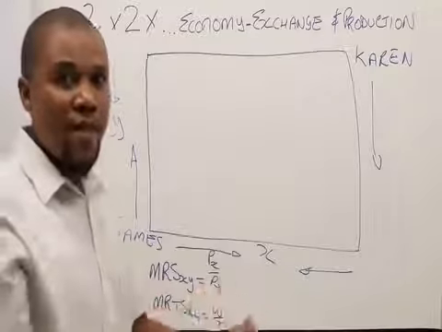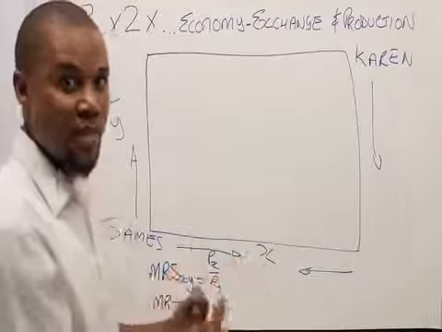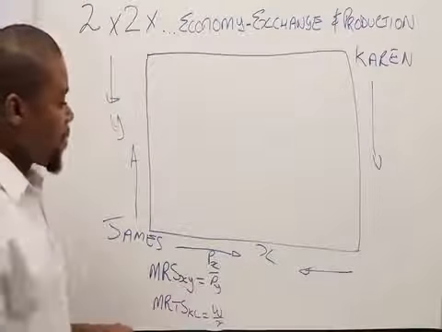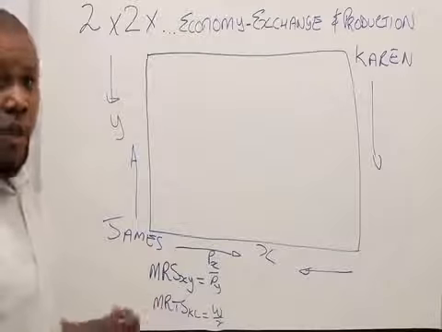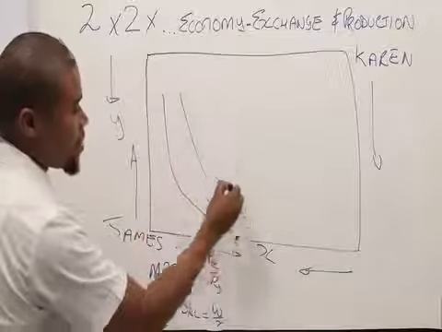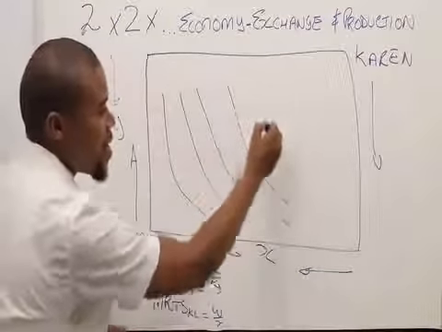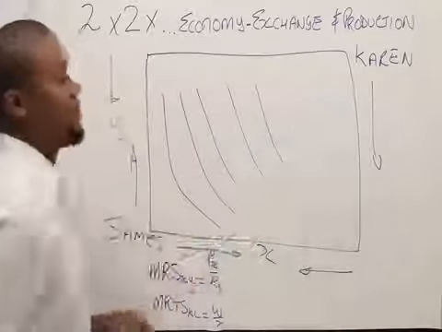Okay, as well as the fact that now we have two consumers and we're trying to represent them at the same time. So initially what we had were the indifference curves for James, right? So you could have some indifference curve map that would go somewhere there.